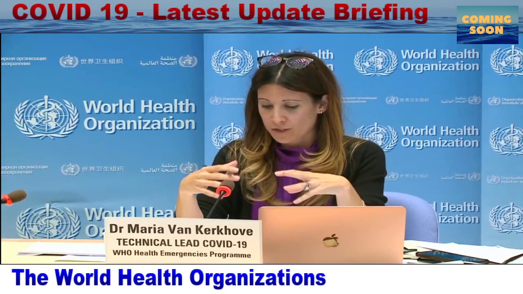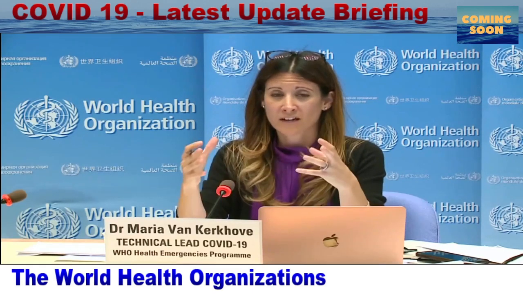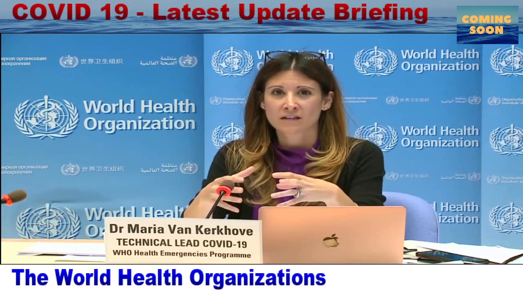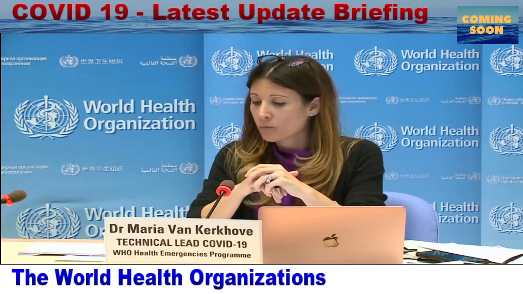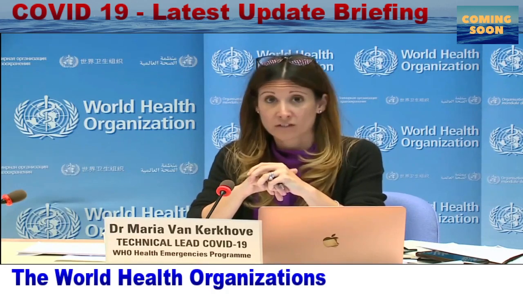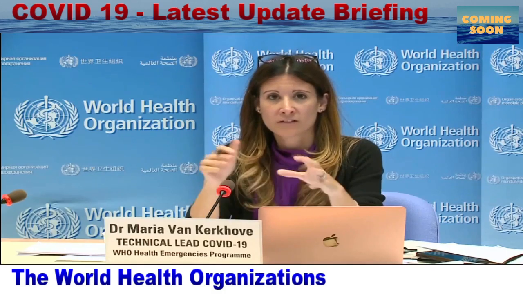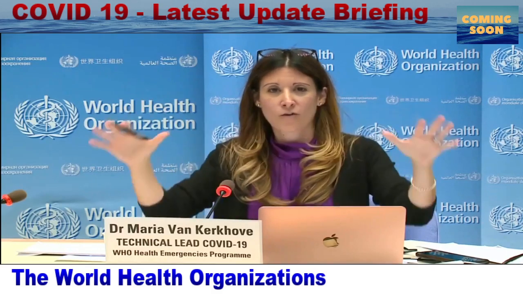Only one thing to add. I can't answer the specific question you asked, but classifying where a country is within transmission can be done at a national level, but what's more important is that it's done at the lowest administrative level you can get, because that's what will help you target your interventions to what is needed where. It's not about which interventions, it's about the intensity of interventions that need to be focused on depending on that level of transmission. What we do know is that in all countries, the virus doesn't behave the same way across the whole country.